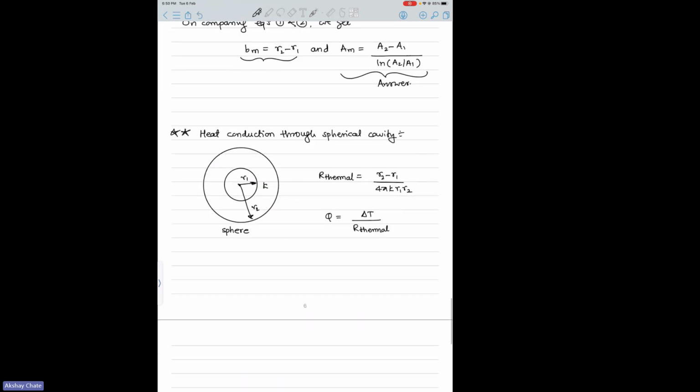So we know that, let's say you divide this outer area into small spherical strips. So in that case, your differential heat transfer will be minus K A, where area will be a function of R, and then there will be dT by dr, right?